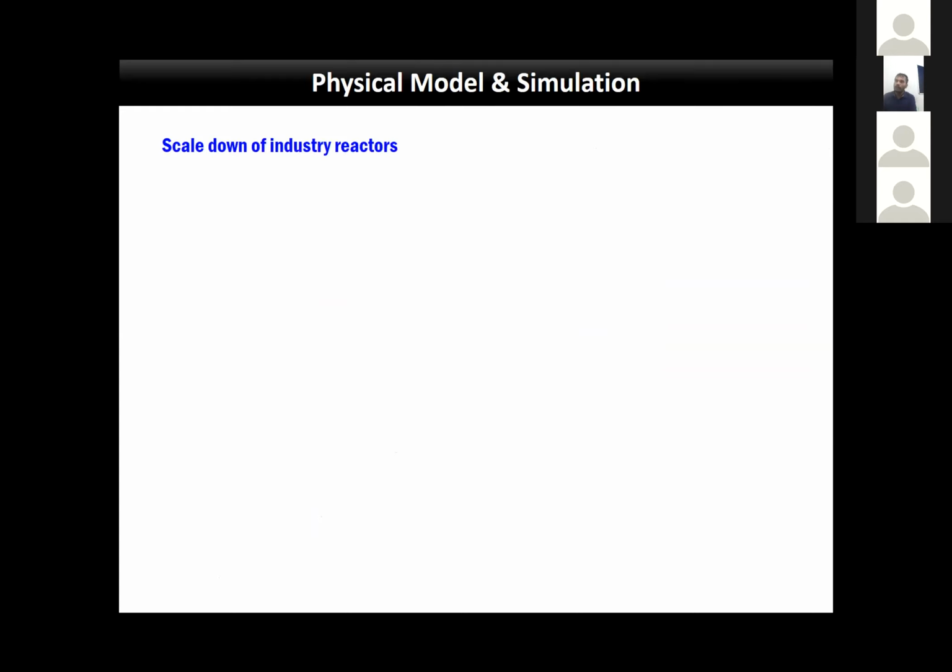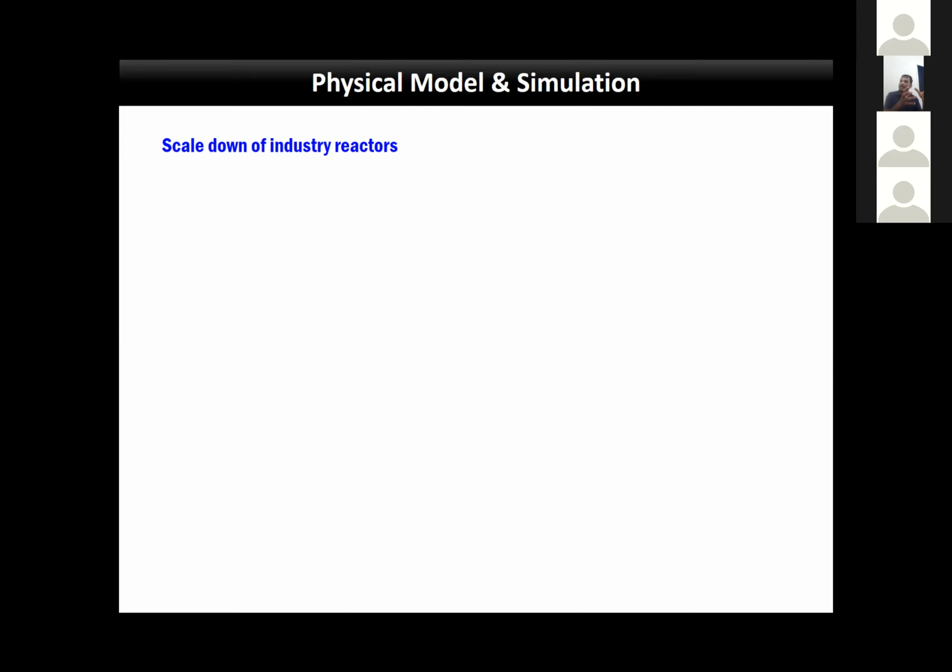Basically a model, it's a model in the sense you have one unit process in industry, say an LD process or a ladle or a tundish or a continuous casting. These all can be named as unit processes. So you can scale down. First of all, you can study these unit processes by scaling down.